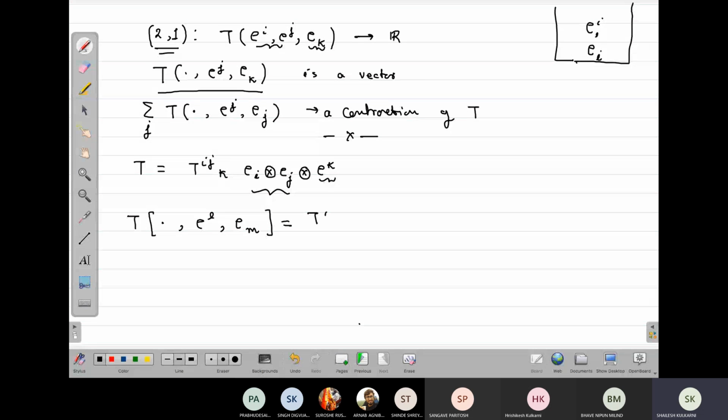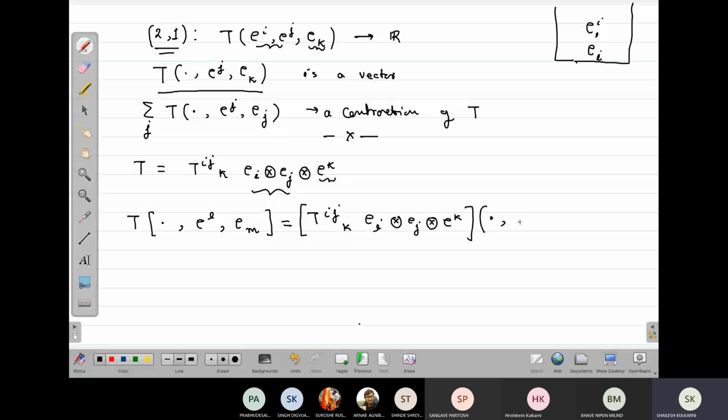T^{ij}_k, with a summation over i, j and k assumed: e_i direct product with e_j direct product with e^k. This entire object is acting on this dot, that means there is nothing here.